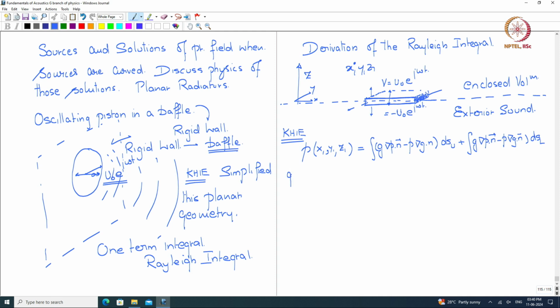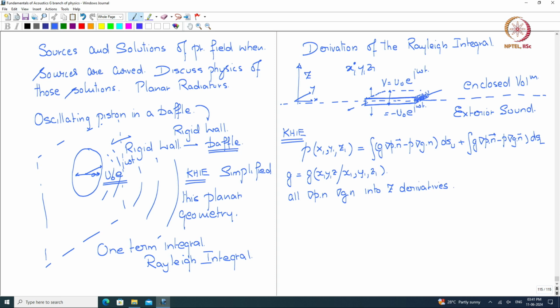And the Green function is of course G, with the source points and the receiver points. And if we convert all the del dot n type gradients, del P dot n and del G dot n, into z derivatives, what do we get?